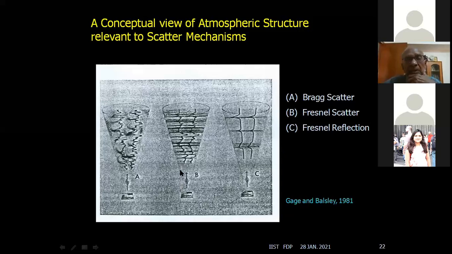If the radio signal has a wavelength lambda, and you have a component lambda over 2 in the wave number spectrum of these fluctuations, that is the spatial spectrum, that lambda over 2 component will be sending the signal coherently back.